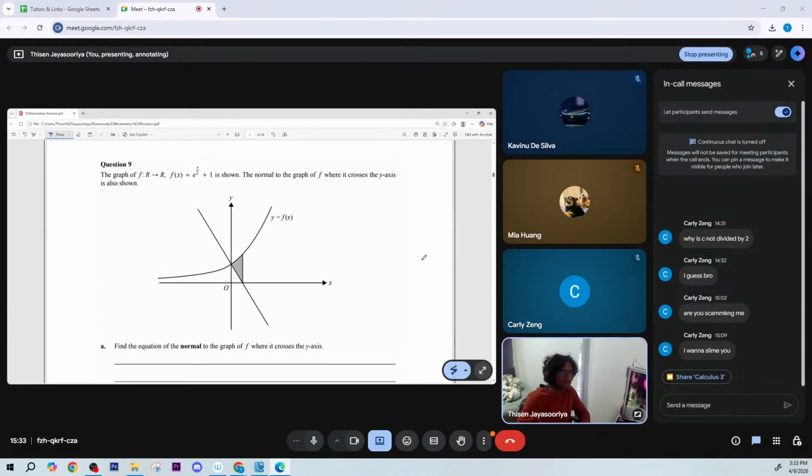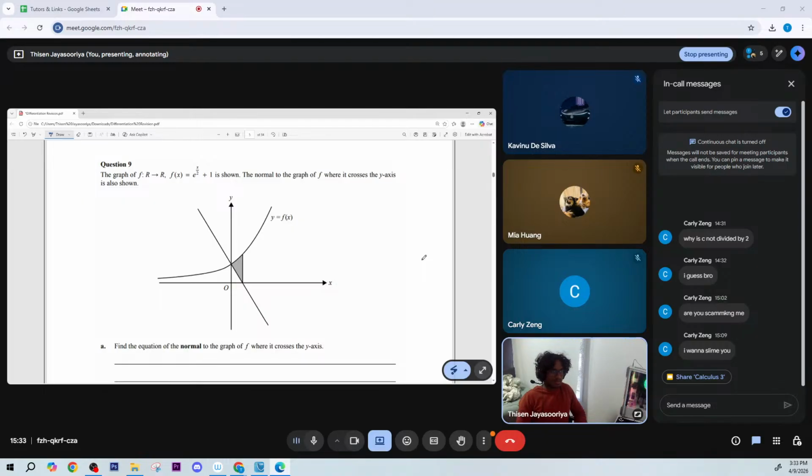So here, the graph of f, where f of x equals e to the x over 2 plus 1, is shown. The normal line to the graph of f where it crosses the y-axis is shown. Yeah? Find the equation of the normal line to the graph of f where it crosses.